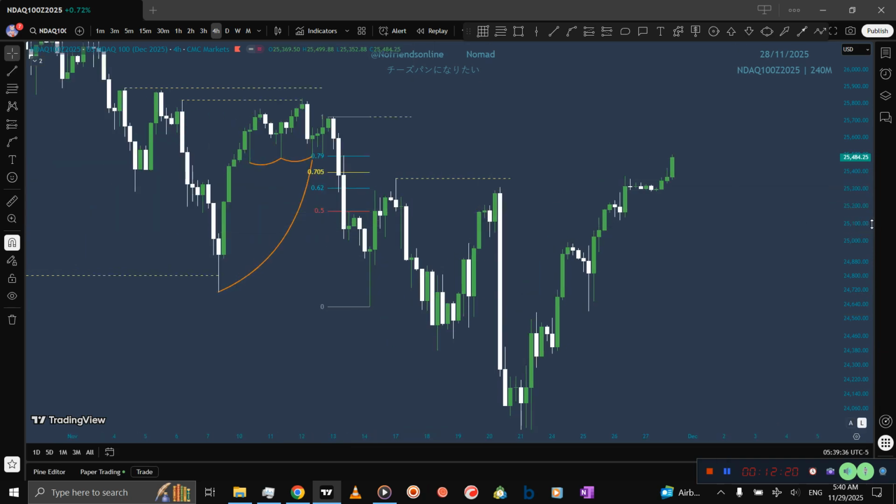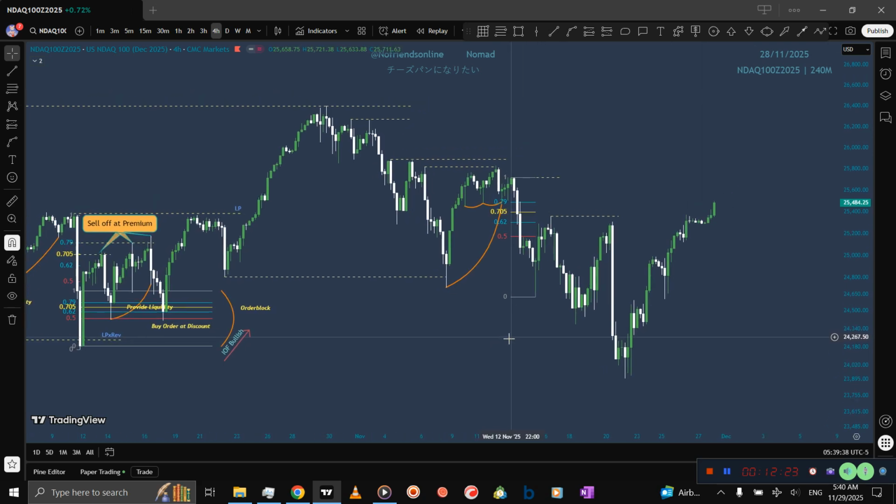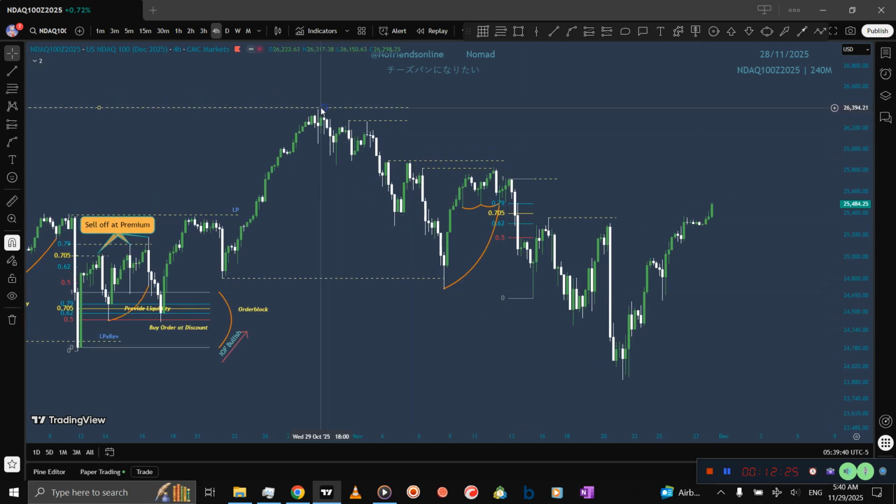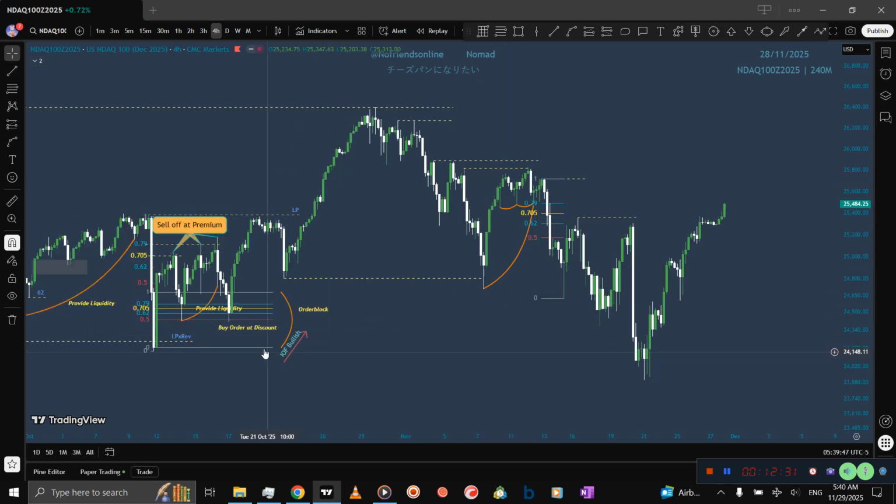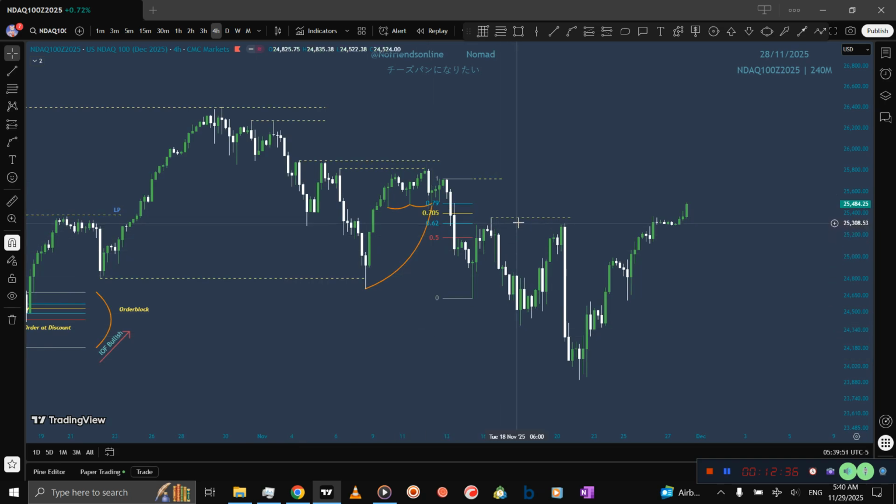So basically you have to know when price is going down, down, down, and we're so close to this low, you don't have to worry about breaking these highs and going higher.